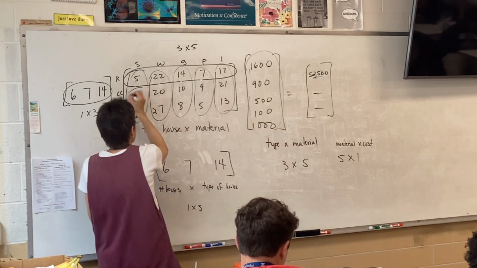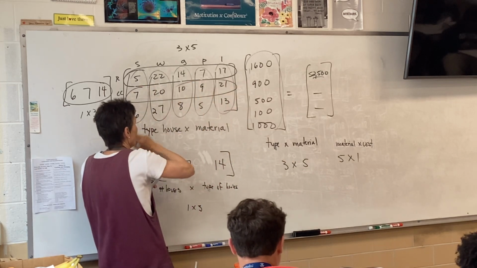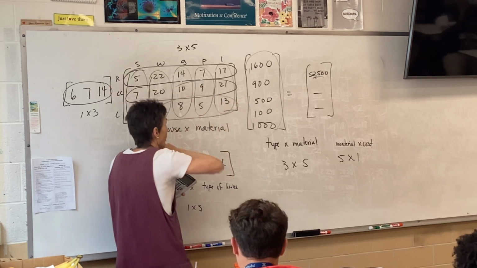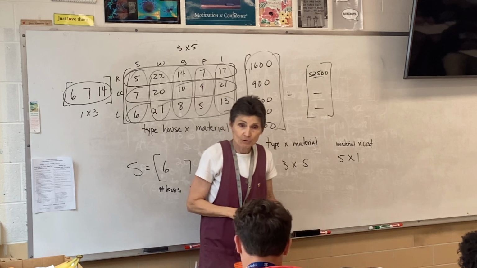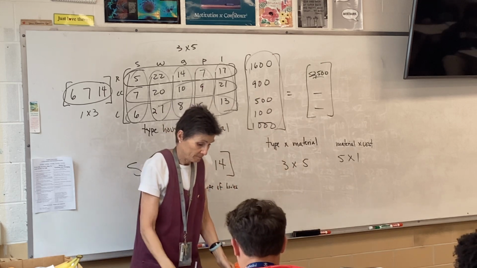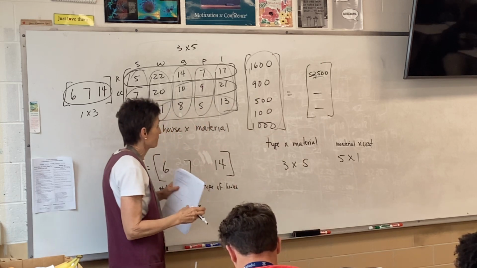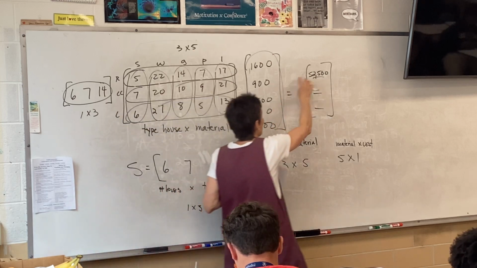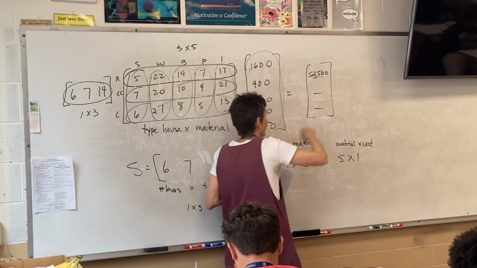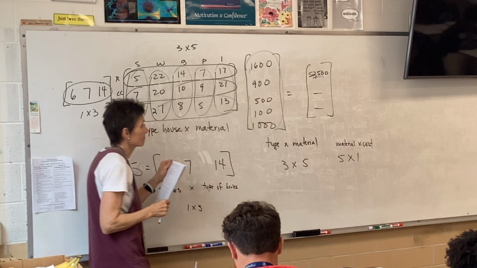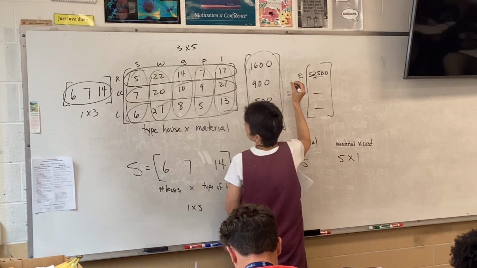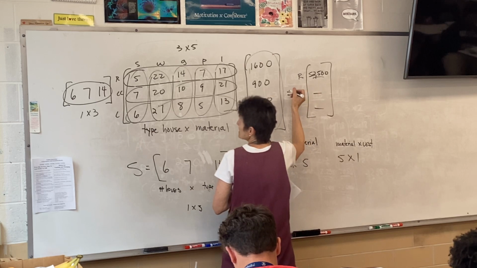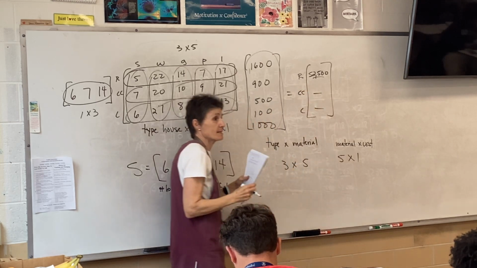And then doing the same thing with this row and the same thing with this row would give you the cost of the other two homes. So we end up with the type of house and the cost of each one. Ranch, whatever CC stands for, and CG.